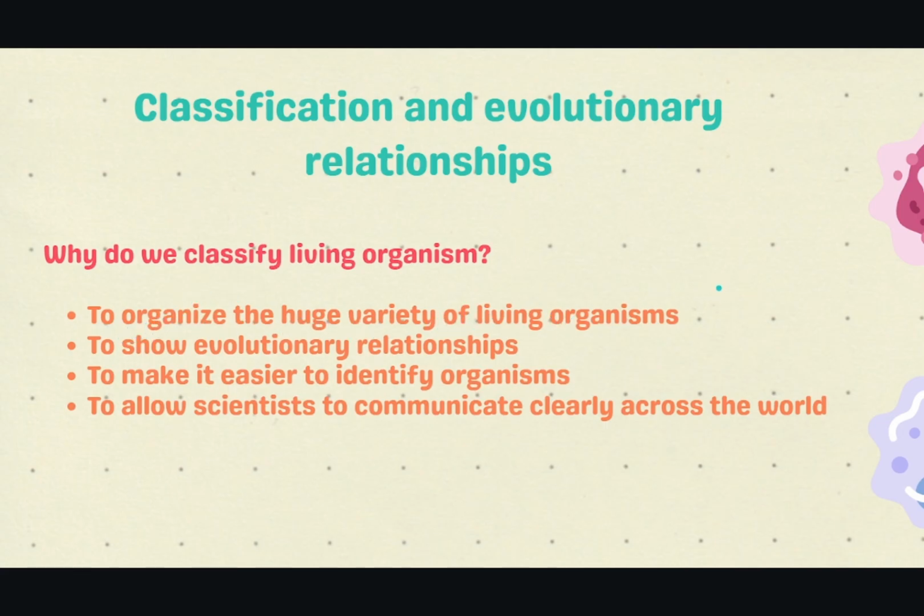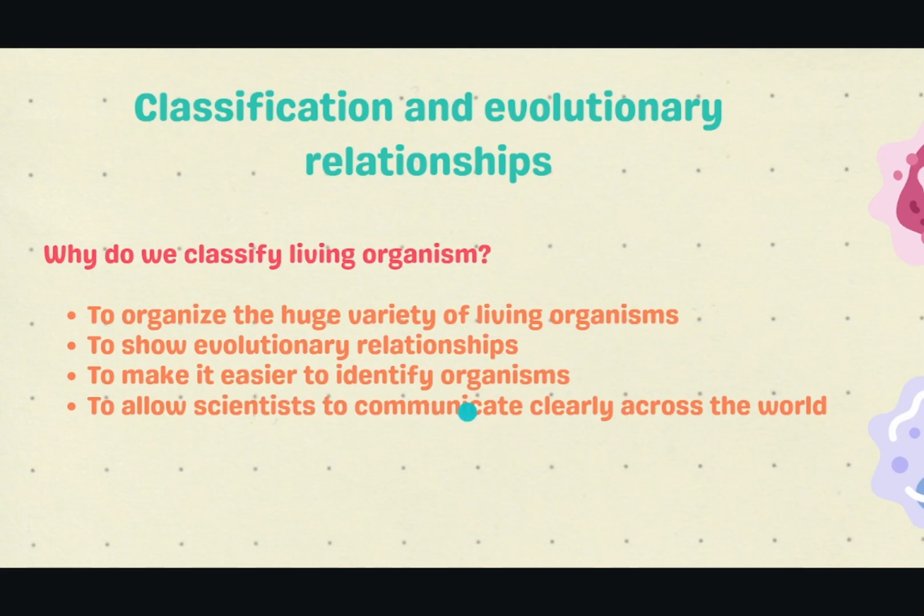We have so many living organisms that have been discovered, and so to classify and organize them, we need some sort of a classification system, right? And the second reason is that we want to show the evolutionary relationships between organisms. And we are going to go into much more detail about what exactly evolutionary relationships are.